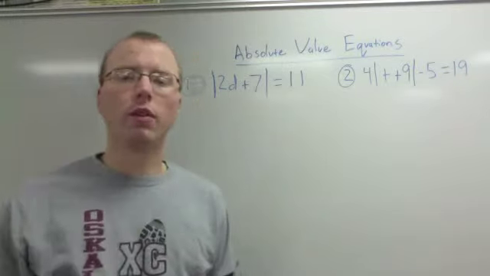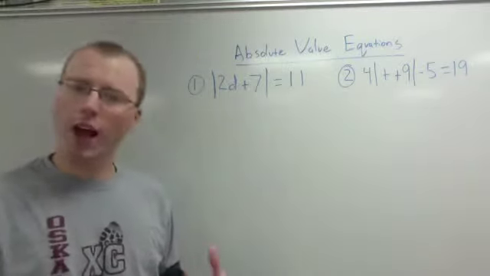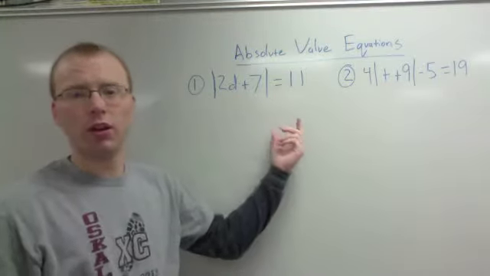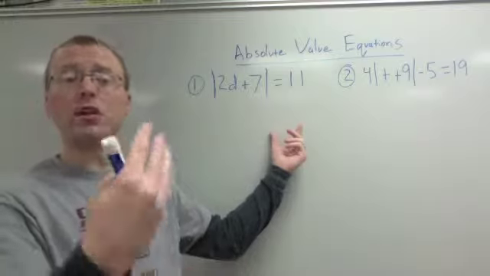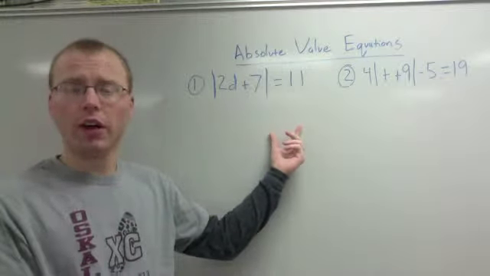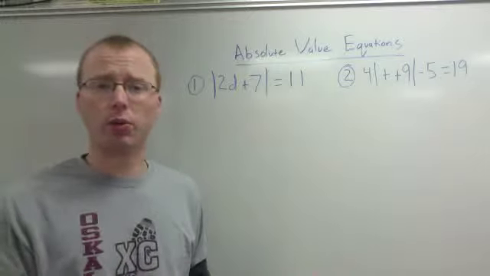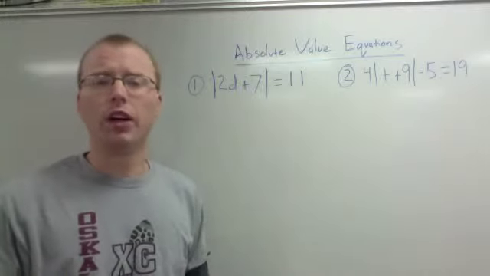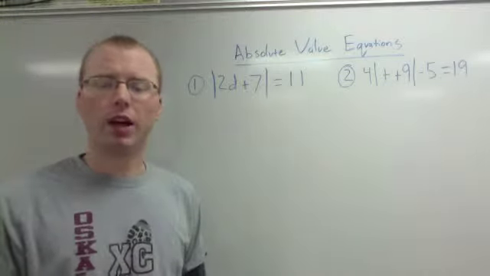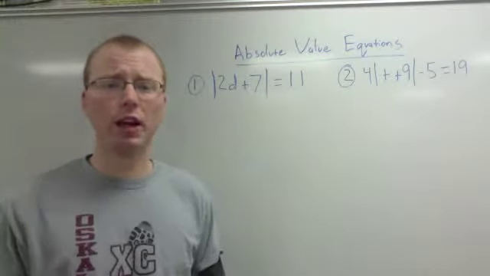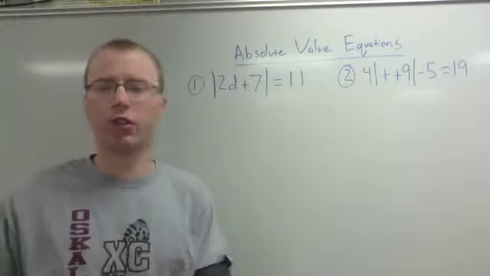Now when we're solving absolute value equations, you're actually going to take the original equation and write two different, similar but different equations to solve. And the reason for that is you can have two answers when you're finding the absolute value. If you remember, the absolute value of 10 is 10. And the absolute value of negative 10 is also 10.